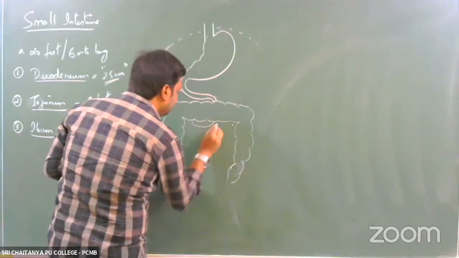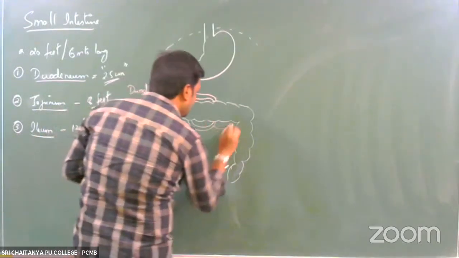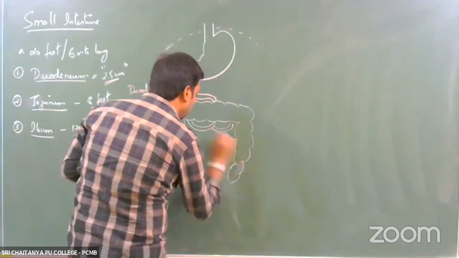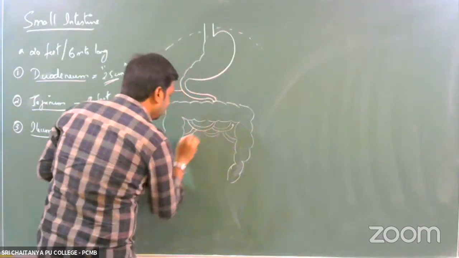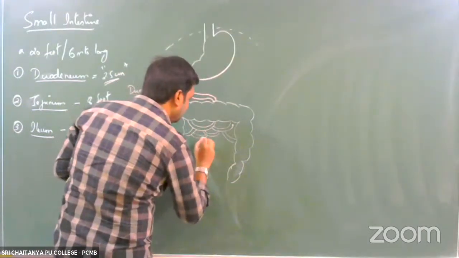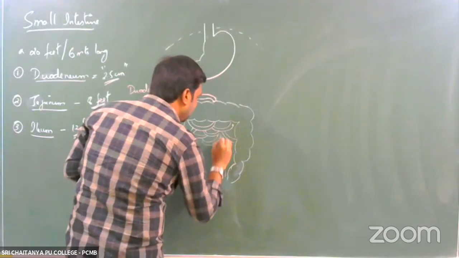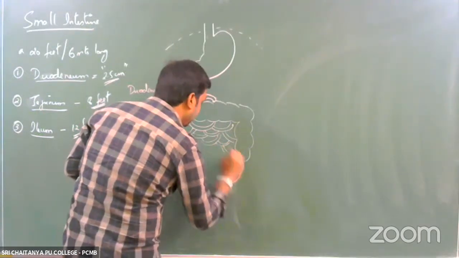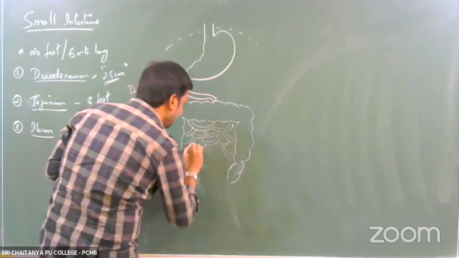This would be the jejunum and ileum, which we said is a highly coiled structure. We cannot differentiate which is the jejunum and which is the ileum because of its highly coiled nature.